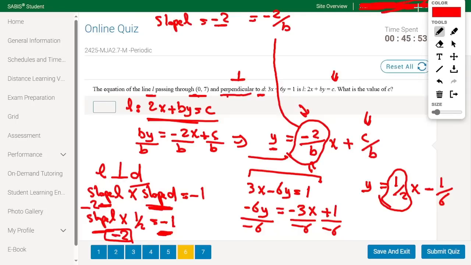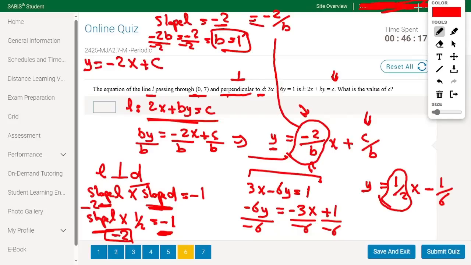Cross multiplication, we'll have minus 2b equal to minus 2, divide by minus 2, divide by minus 2, so b will equal 1. So substituting in this equation, y will equal minus 2x plus c, because b equals 1.